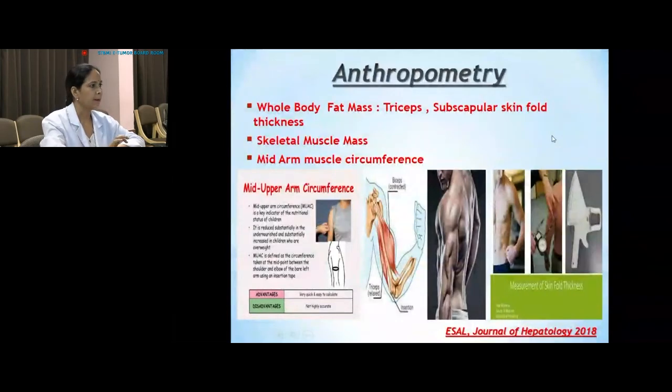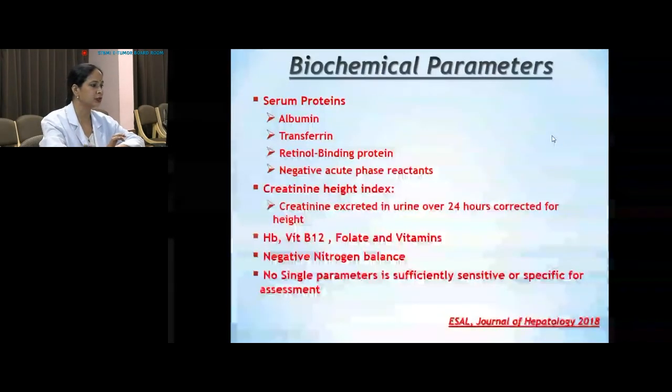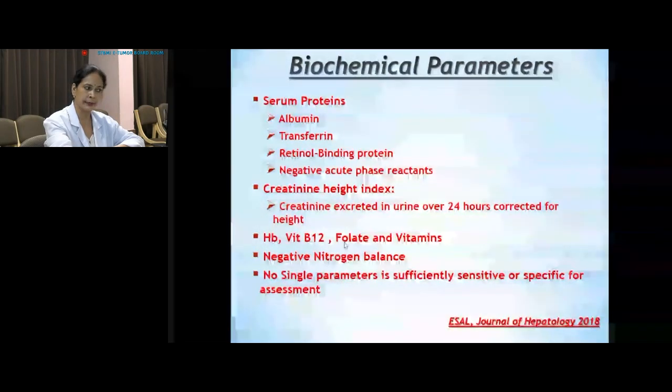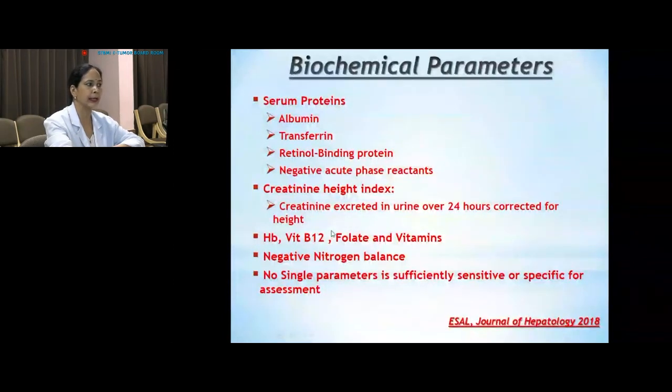Biochemical parameters, which denote the nutritional indicators or nutritional markers: serum proteins in the form of albumin, serum transferrin, retinol binding protein, creatinine height index, hemoglobin, B12, folate and vitamin deficiency can be assessed, or advised to the patient, as indicators of nutritional deficiencies.